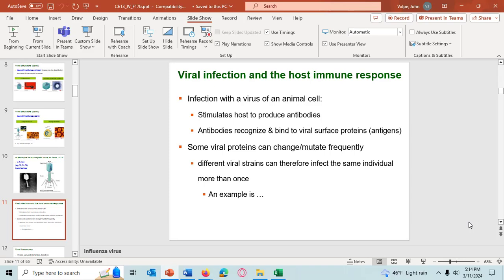Another good example is influenza. This virus mutates fairly rapidly and then can change about once every 10 years. And every 10 years it's a new virus. And so people's immune systems have never seen it before.